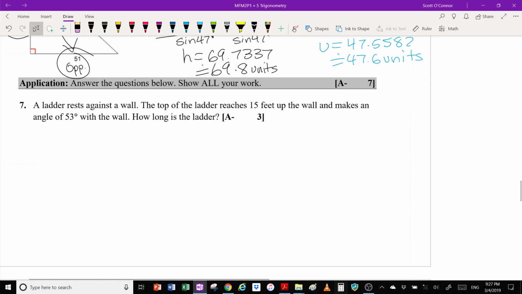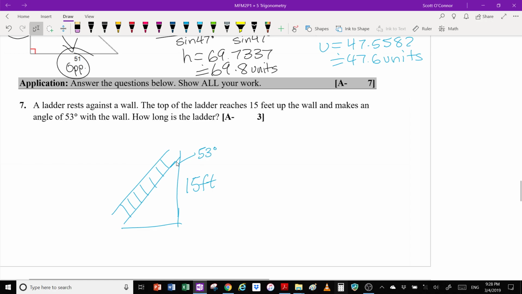So if I'm doing this question, I'm going to draw it out for myself. Here we go. And I know that this is 15 feet, and it says that it makes an angle of 53 degrees with the wall.